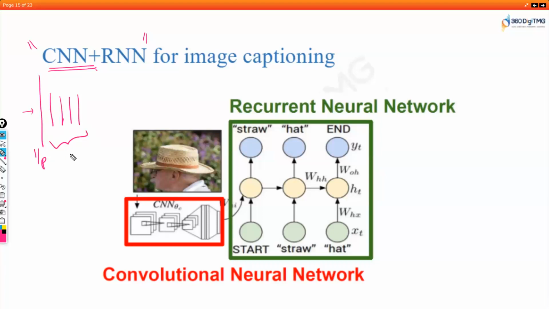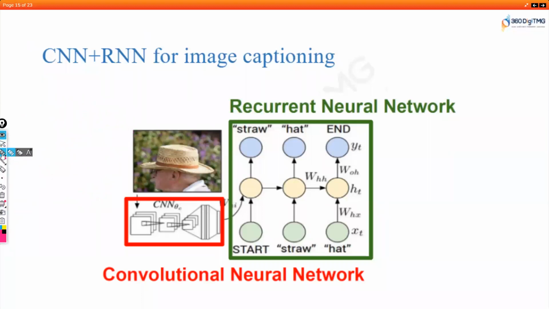After your convolution layers, that is called the convolutional base, you flatten, that means you make these outputs single dimension, and supply it to your fully connected network or dense network or MLP, whatever you want to call it. That's what we have done in CNN models. But here what we will do is, we will extract all the features and pass them on to our recurrent neural network. And the recurrent neural network might give the caption of this image.